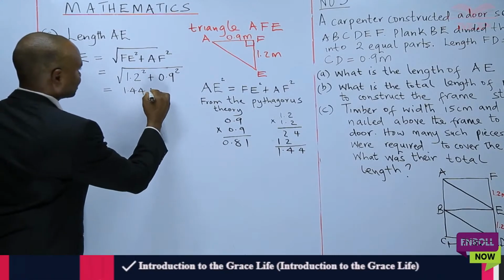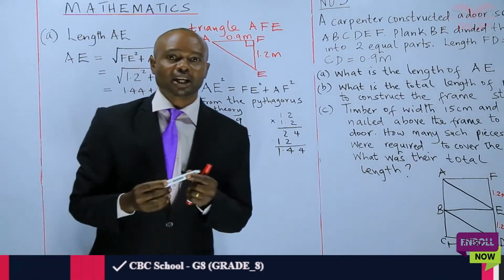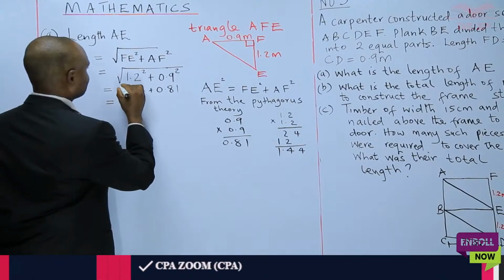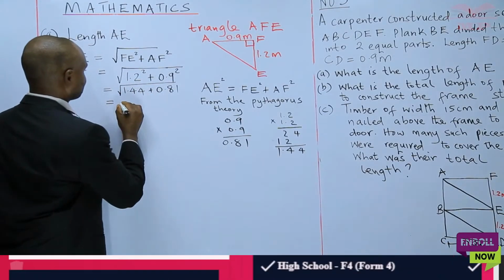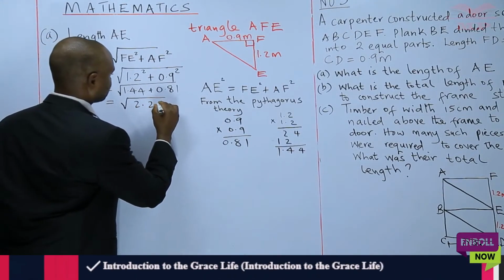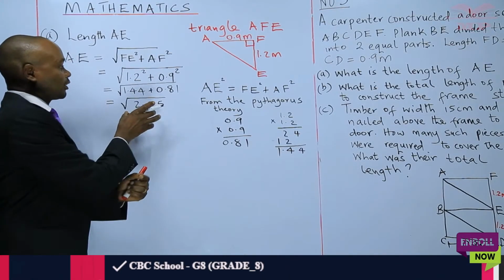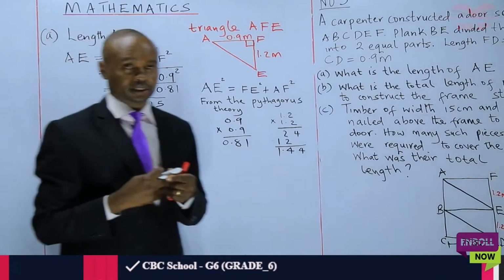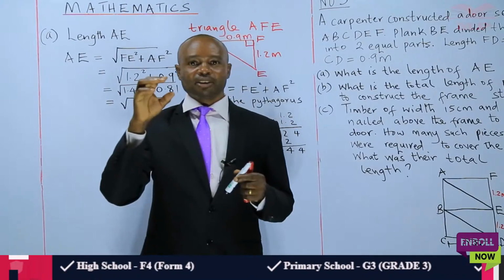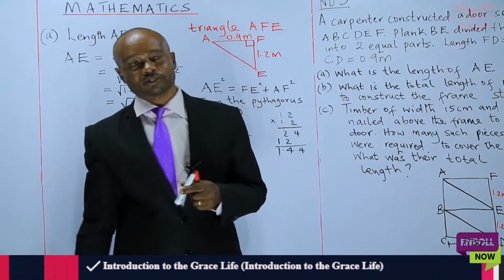1.44 plus 0.81. If you work out that addition, it will come out to 2.25. So we come to another attribute where you have to get the square root of 2.25. When you get a square root, if the number has 2 decimal places, the answer will have 1 decimal place.